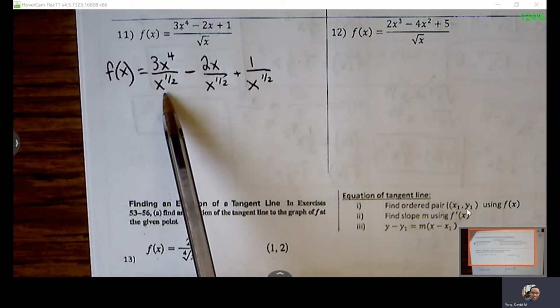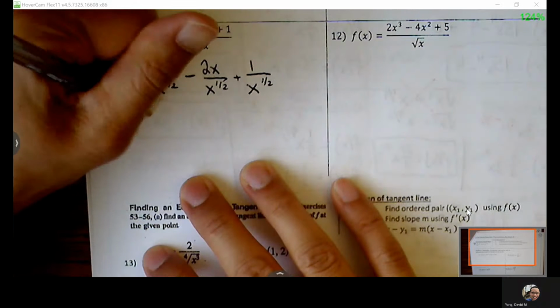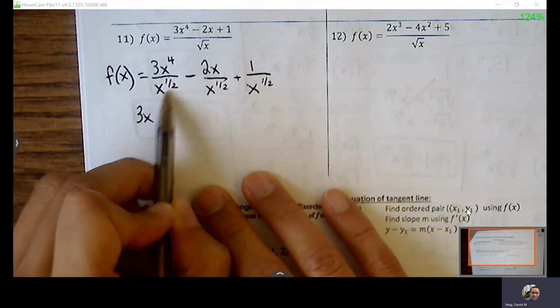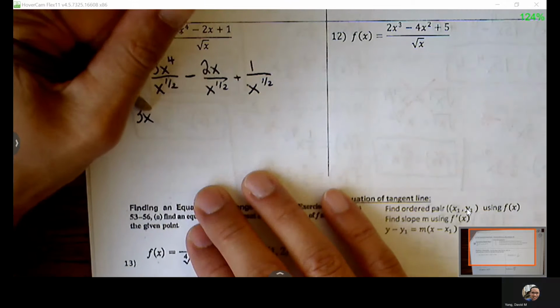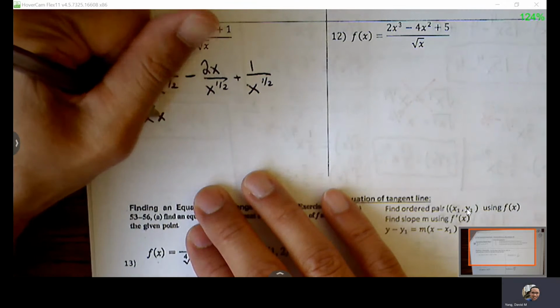Where does this have to be? Numerator. So what happens if I move this up? I know it's tempting. You want to just look at that and do power rule, but it's connected to this denominator. We have to do our first step here.